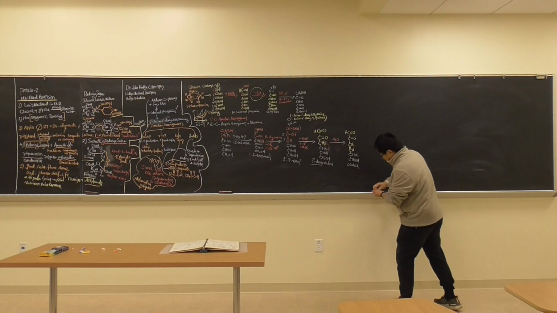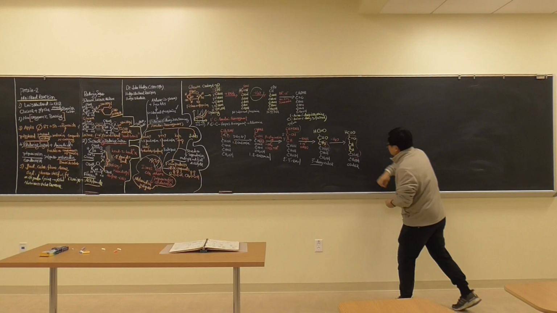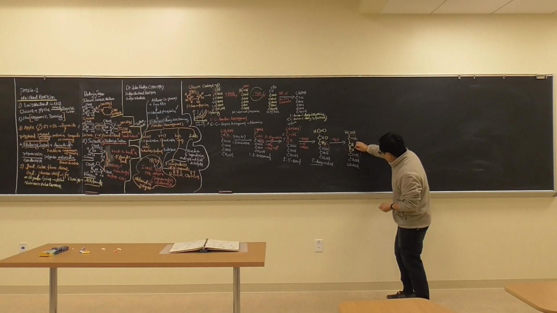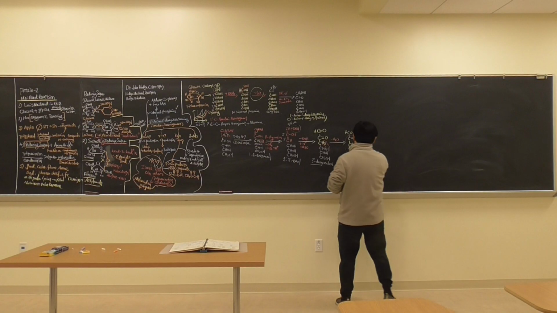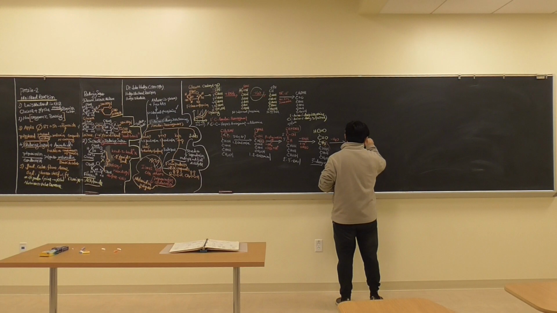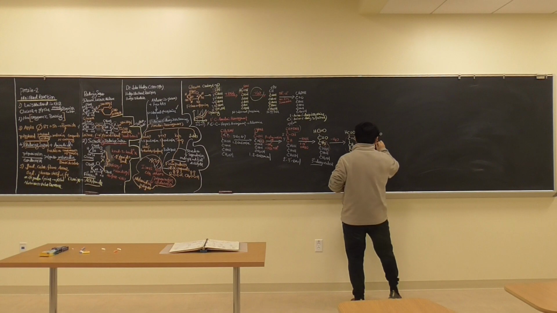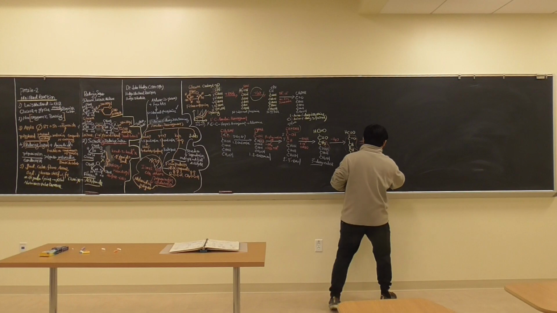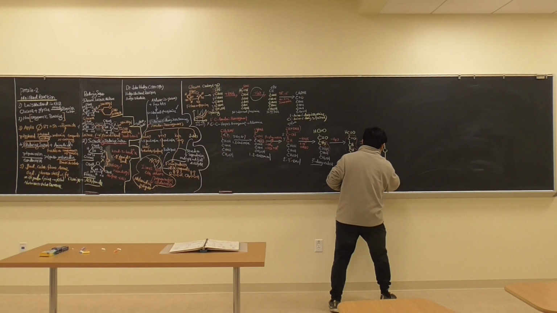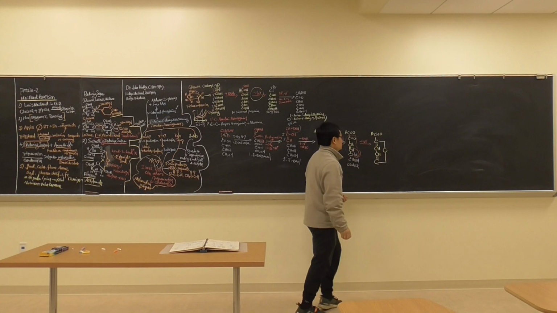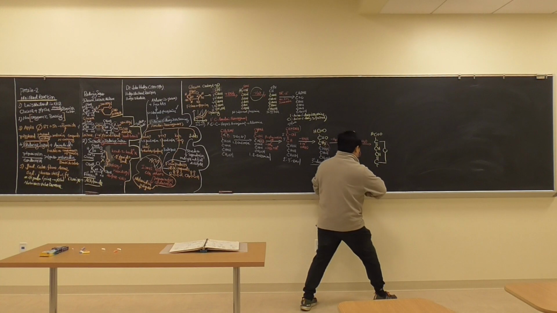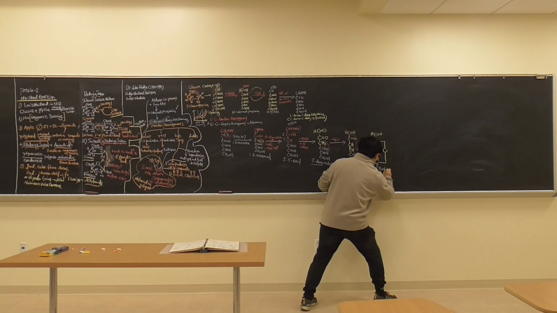When you see here, what will happen? It continues to lose water. Then the structure becomes very interesting. We go here, CH, CH, C, and CH2OH.